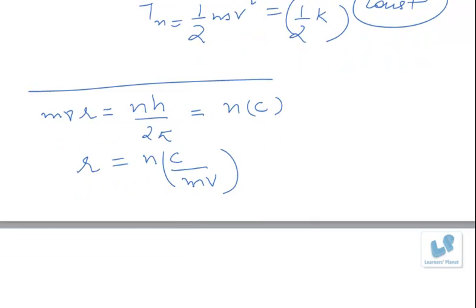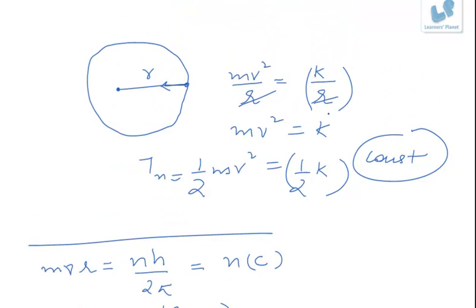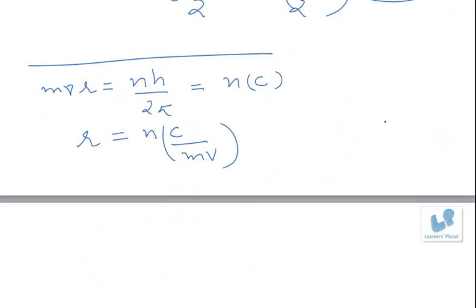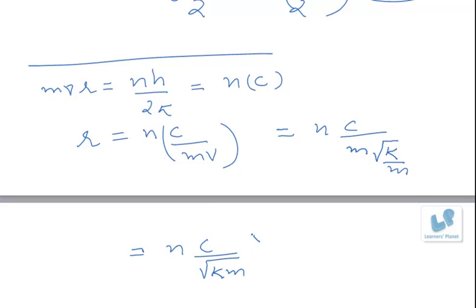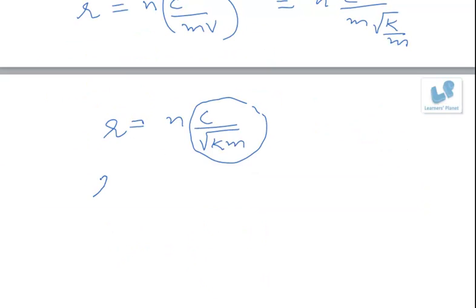Now from this, v is under root of k by m, which is a constant. So r will be given by n c divided by m under root k by m, which can be further written as n c by under root of k m. Now this term is also constant, so radius r is directly proportional to n.